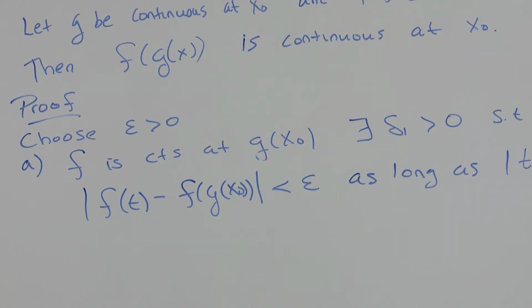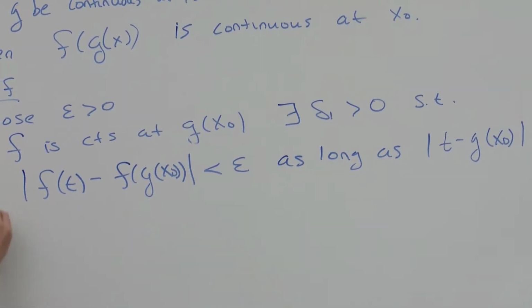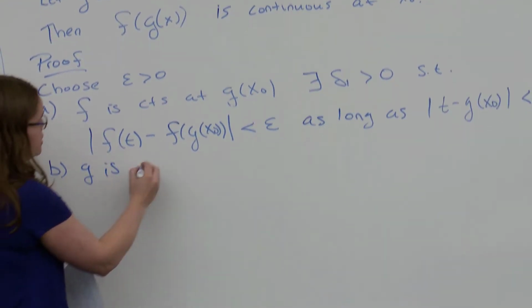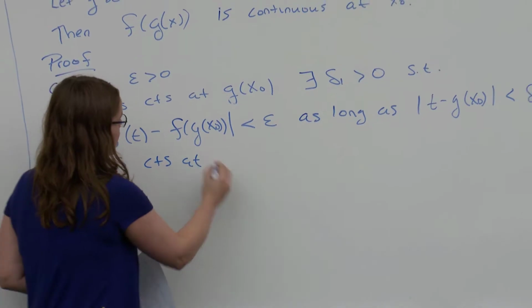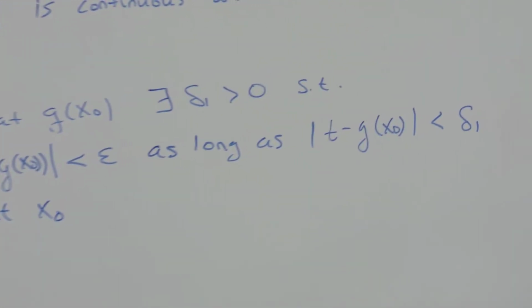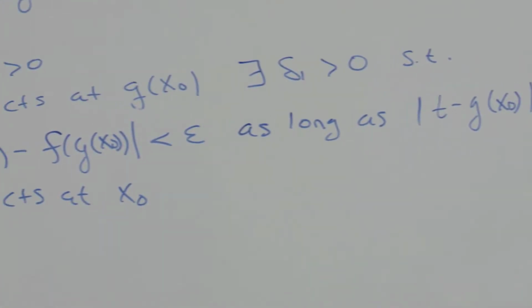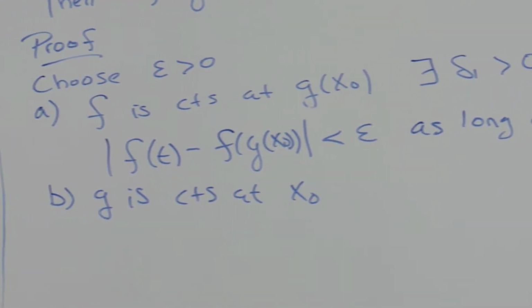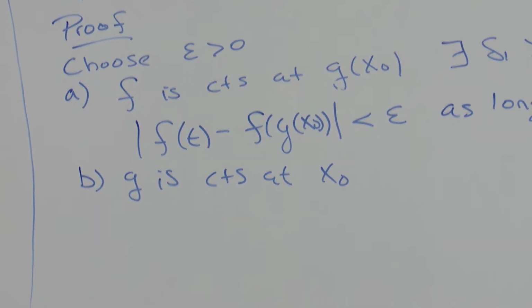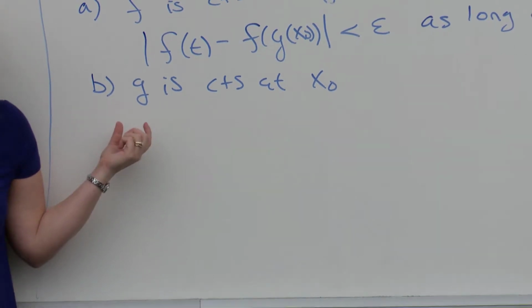Okay, this is continuity. Now I'm also going to write down the fact that g is continuous. So g is continuous at x naught. That means for any number, for my tolerance, right? Usually I'm used to calling my tolerance epsilon, but I could give it a different name. Let's just think about this for a little bit.